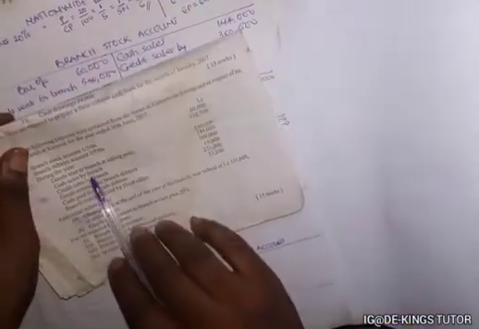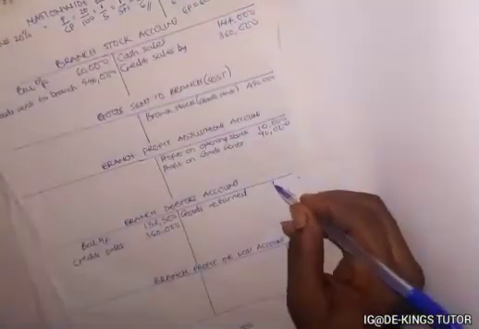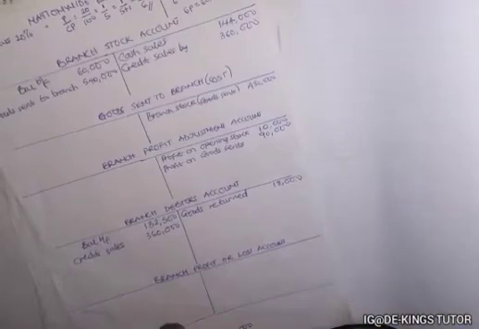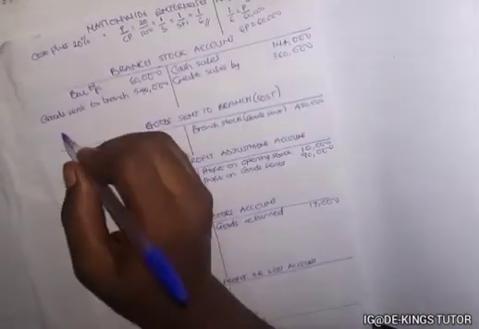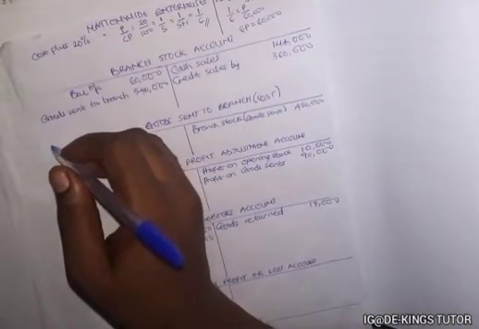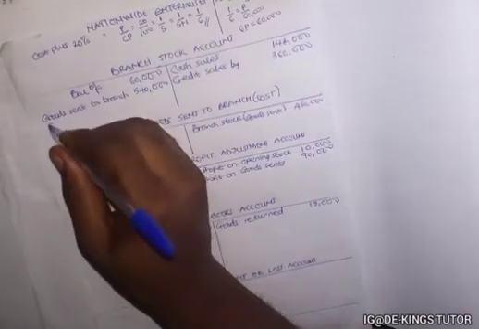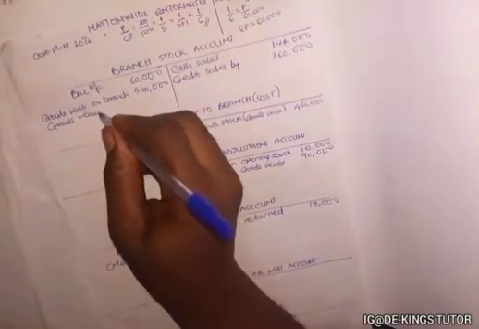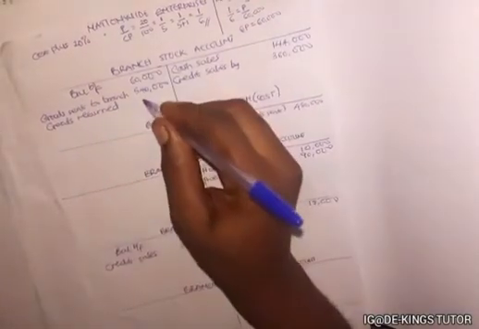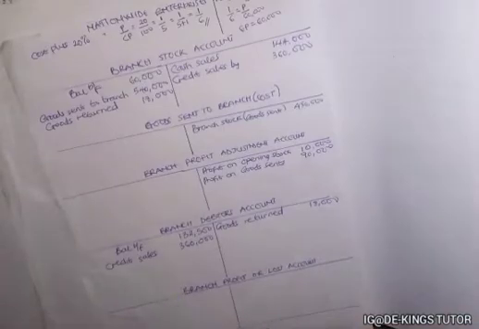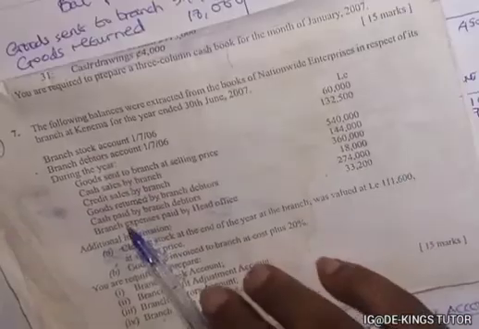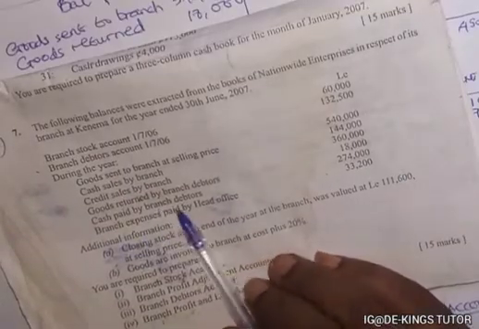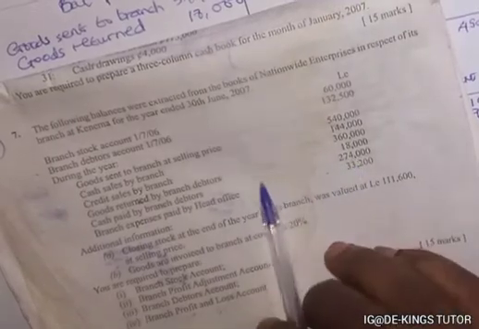How much is it? 18,000. So we'll come here and write here goods returned 18,000.